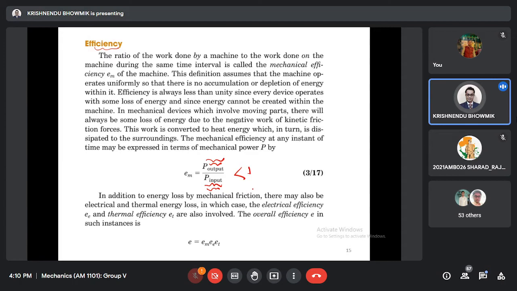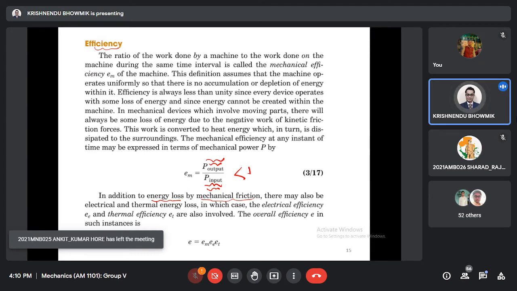Now there are many types of loss, which we call energy loss. It may be in terms of mechanical friction, sound, or heat generation.